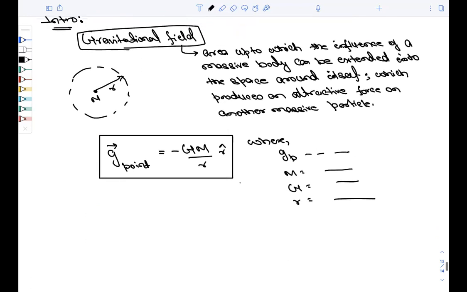Now what you need to do, first you need to solve the first portion, the condition where the gravitational field will be 0. So you will say, considering the above situation, let us take two masses m1 and m2.